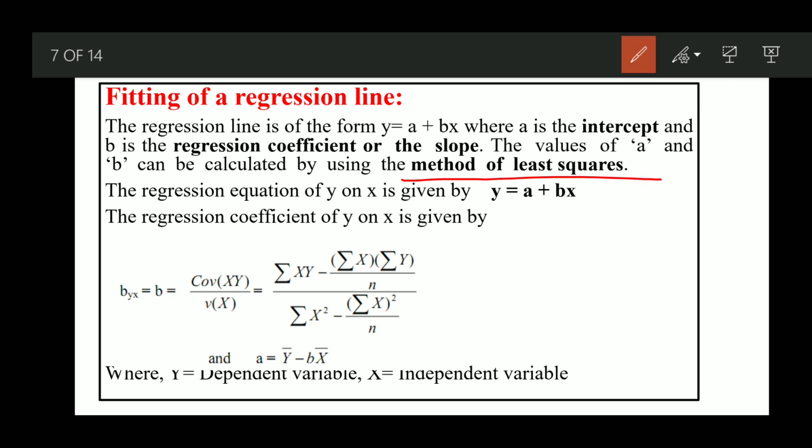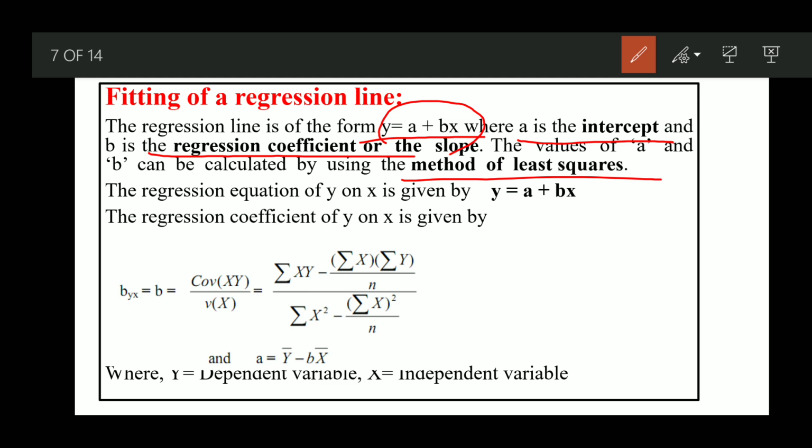So here we have our regression line, which is y equals a plus bx. Here a is the intercept, and b is the regression coefficient, also known as the slope. Basically, the line gives the best estimate, and the line of regression is obtained using the principle of least squares.